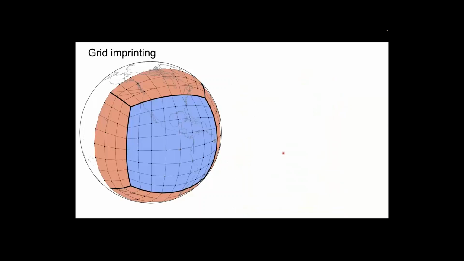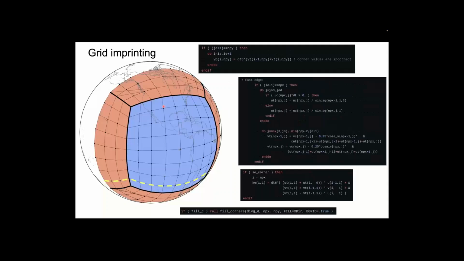Let's take a step back and look at the causes of grid imprinting and how it occurs. Here we are looking at one of the faces of the cubed sphere, and imagine our compute domain is the blue domain on this face, and we take neighboring data from the red region from neighboring faces for our advection scheme. Imagine we are integrating over one of these grid lines, the yellow dashed line.